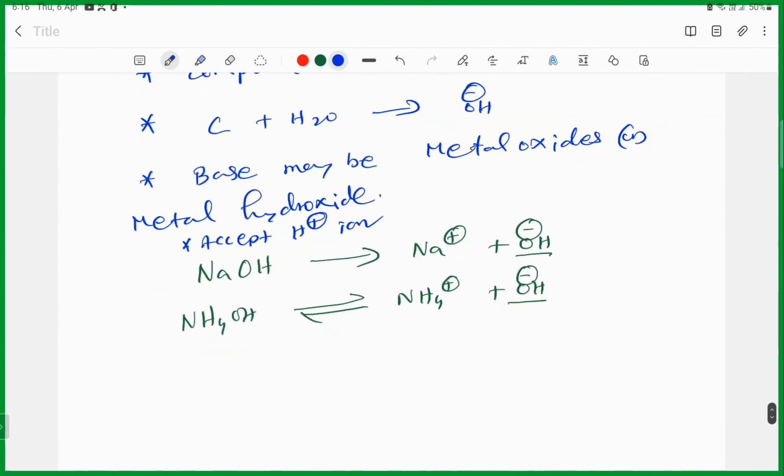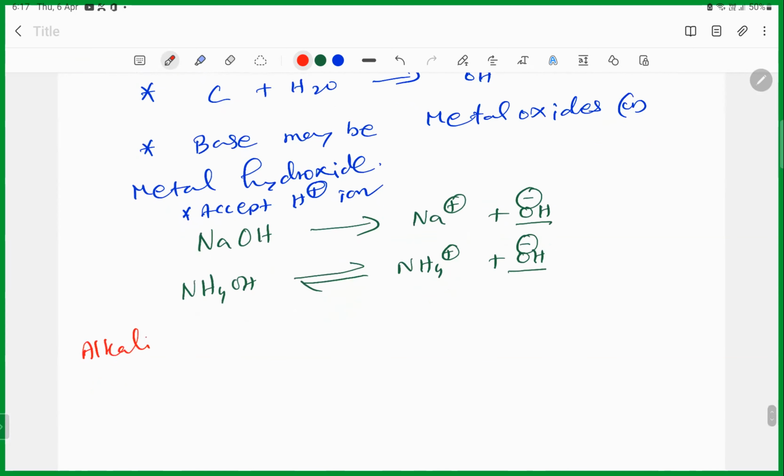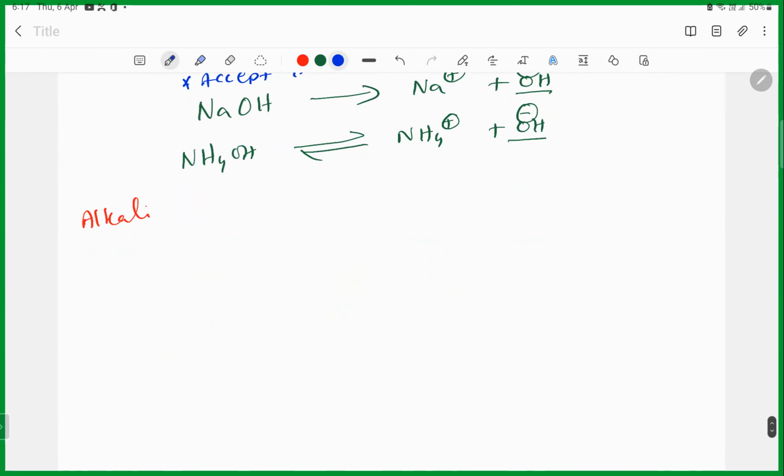Now, another term, alkali. What is the meaning of alkali? So alkalis are bases. They are bases that dissociate in water to yield hydroxyl ion as the only negative ion.